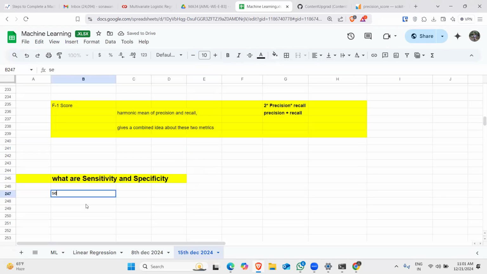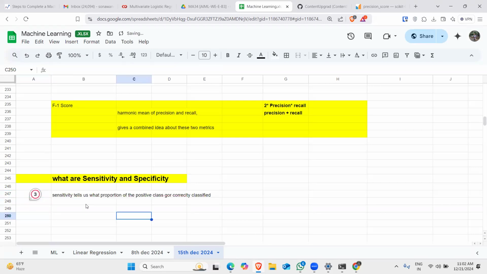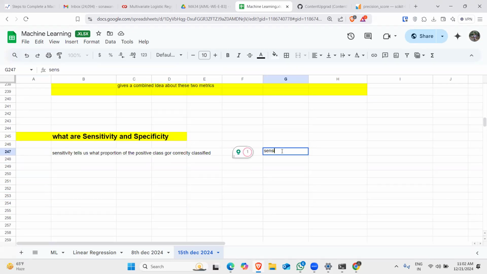First one, sensitivity tells us what proportion of the positive class got correctly classified. What proportion of the positive class got correctly classified, right? So we'll write sensitivity equals true positive divided by true positive plus false negative.